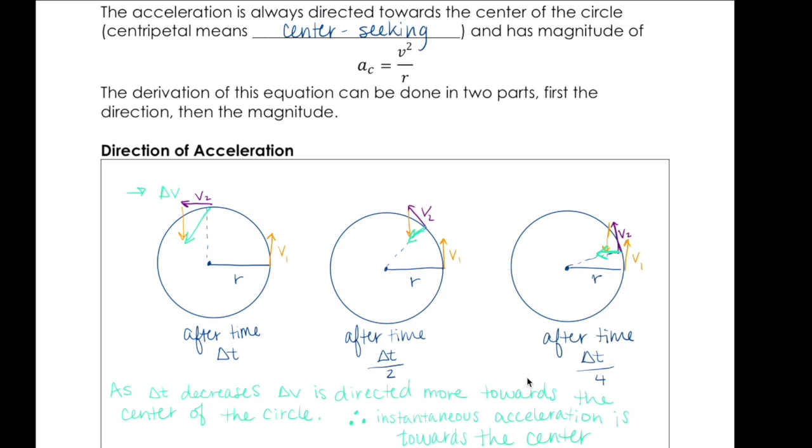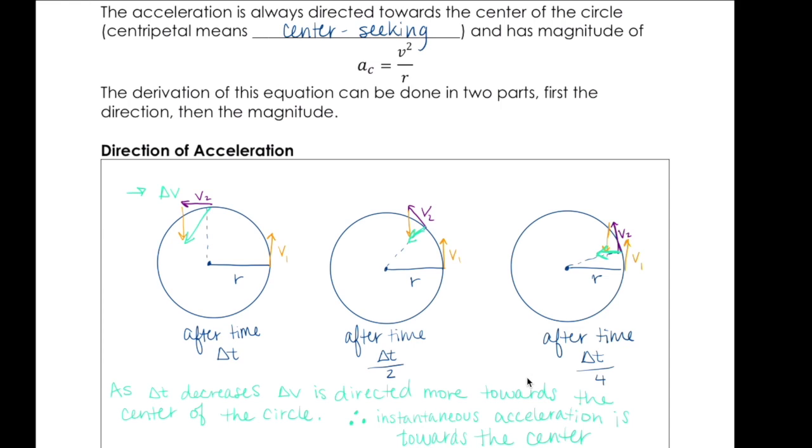The radius is going to stay the same, but if we change the time, after a certain time, this is now its radius, and the second velocity would be here. To find the acceleration, remember it's change in velocity over change in time.